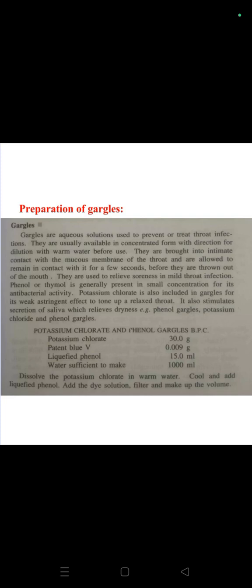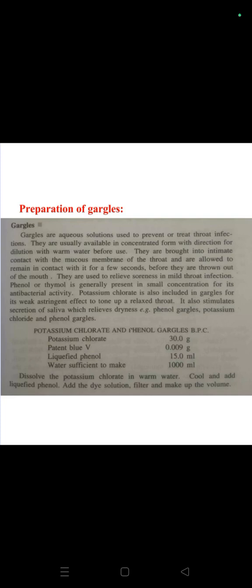They are brought into intimate contact with the mucous membrane of the throat and are allowed to remain in contact with it for a few seconds before they are thrown out of the mouth. They are used to relieve soreness in mild throat infections.